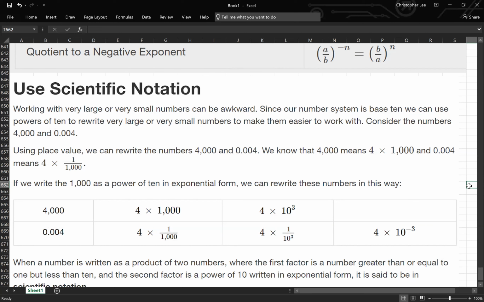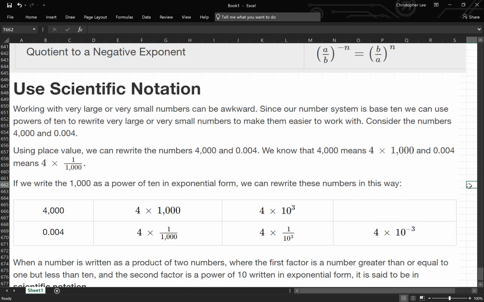Using place value, we can rewrite them. We know that 4,000 means 4 times 1,000, right? And 0.004 means 4 times 1 over 1,000, right? If we write the 1,000 as the power of 10 in exponent form, we can rewrite these numbers in this way.